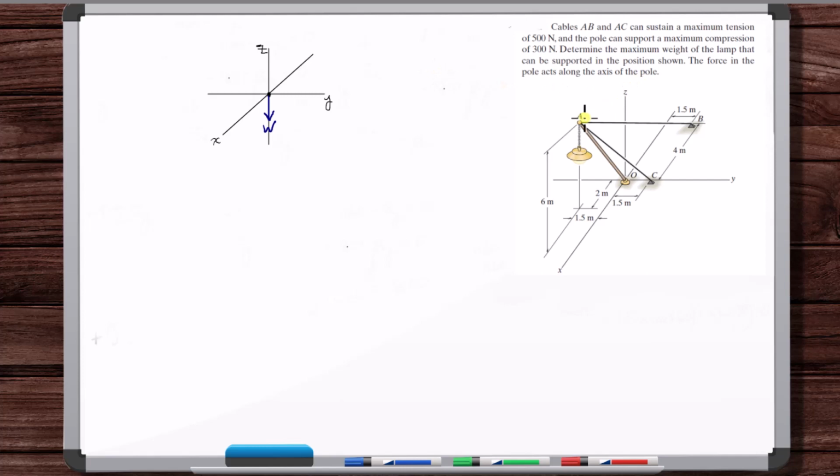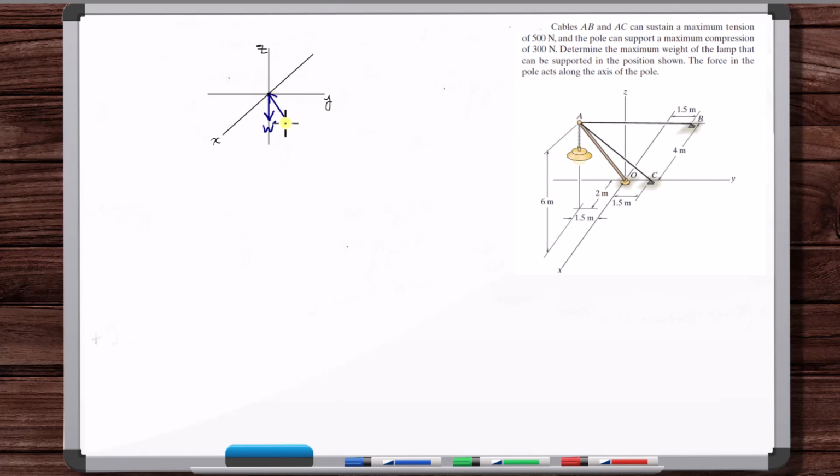This is a little bit confusing because of the way the problem is stated. The pole can support a maximum compression of 300 newtons. The line of action of the force in the pole is in that direction, and they tell us that the pole is in compression, so we know that as far as point A, it's pushing on point A in this direction.